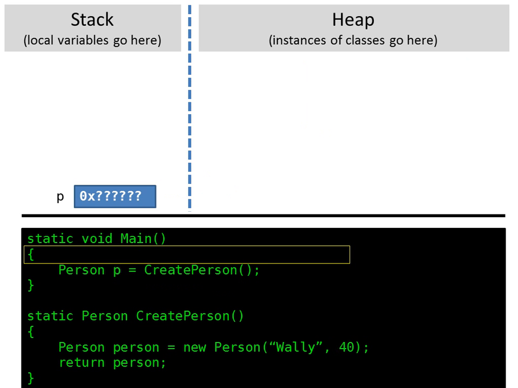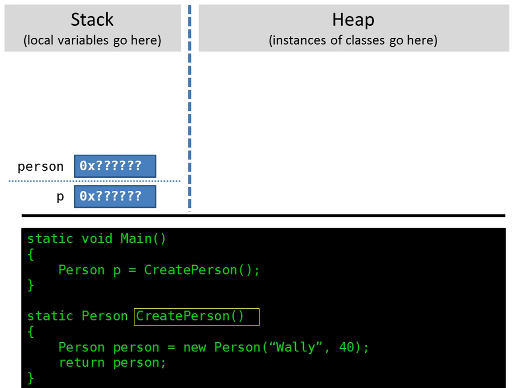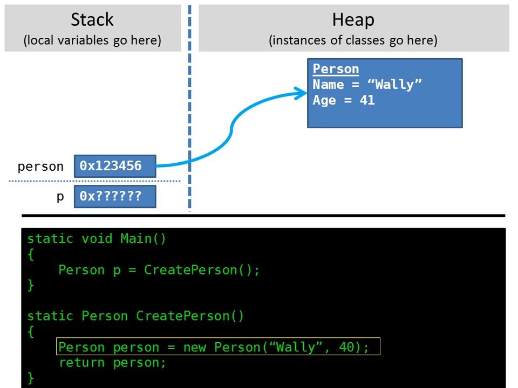Let's do that similarly. Let's call a method that creates an object on the heap and then returns a reference. So here I have a method create person, and what it does is it allocates a person on the heap and then returns it. So as we go into main, space is allocated on the stack for the variable P. It's initially uninitialized, and then as we execute create person, space is allocated for our lowercase person variable.